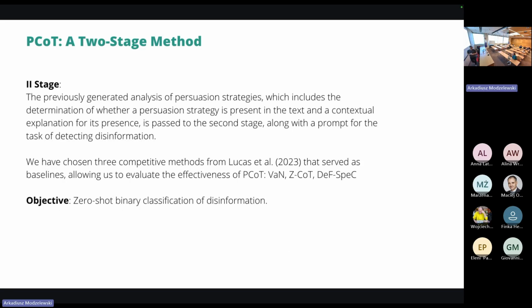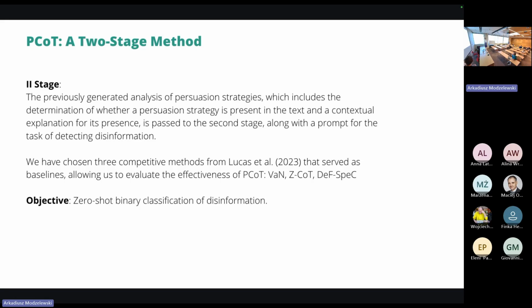In the second stage, I've used work from EMNLP 2023 that presented different prompting methods to detect disinformation. It was evaluated on human annotated disinformation and also on LLM generated disinformation. I've taken the 3 best on human annotated, because we work here on human annotated datasets.